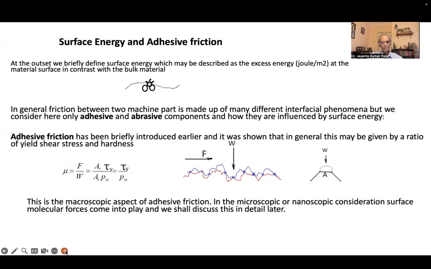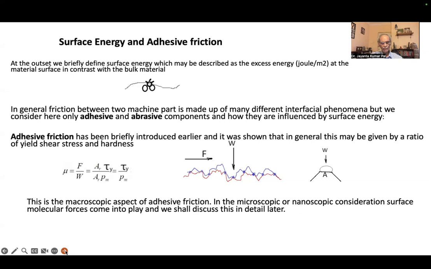PM is the plastic yield stress. So therefore, AR cancels out, and we can write that the coefficient of adhesive friction is tau y by PM.